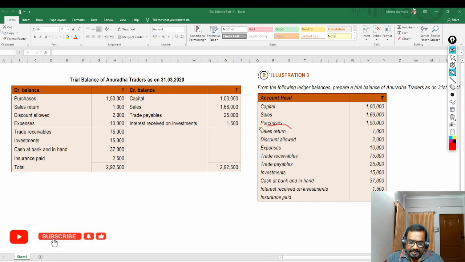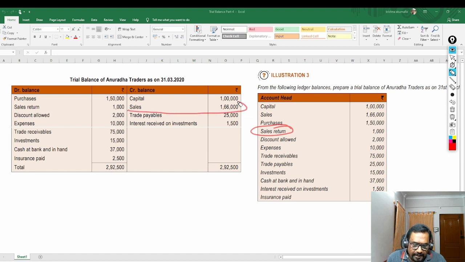Next, sales returns. When sales are credit, sales returns will be debit. Here, sales, where did we put it? Credit side. When sales are on the credit side, sales returns will be on the debit side. No, Krishna, I'm not able to understand. Okay, let us prepare the journal entry. For sales return, what entry do we book?